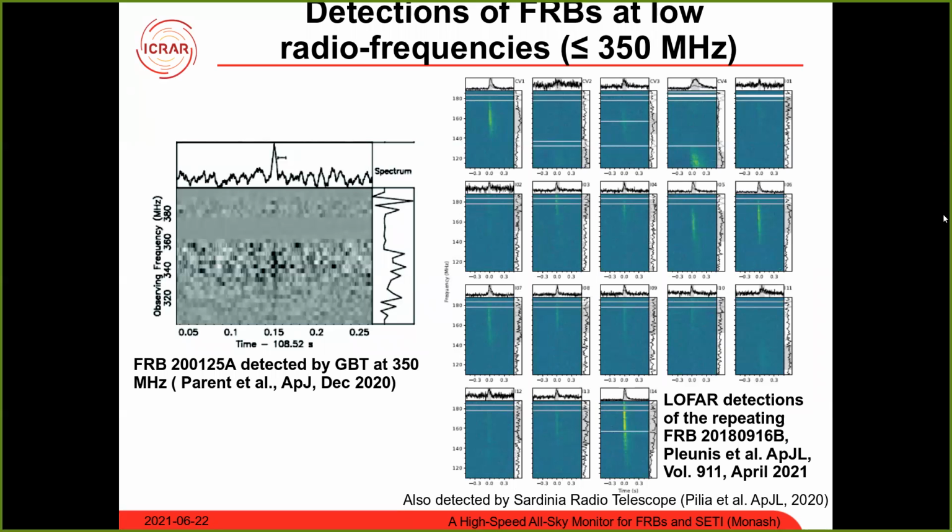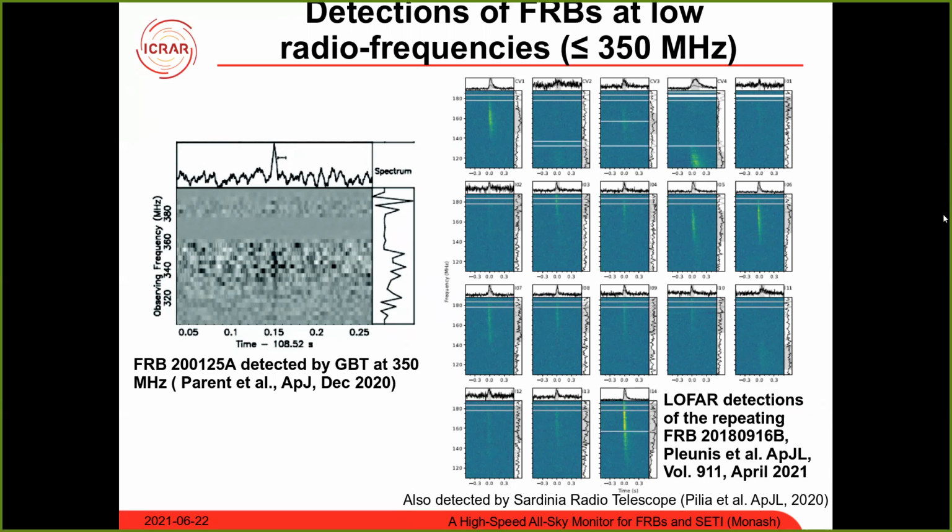We also had detections of the repeating FRB 180916B down to 110 megahertz by LOFAR. What you see on the right are dynamic spectra from this FRB of many pulses that were detected by LOFAR.